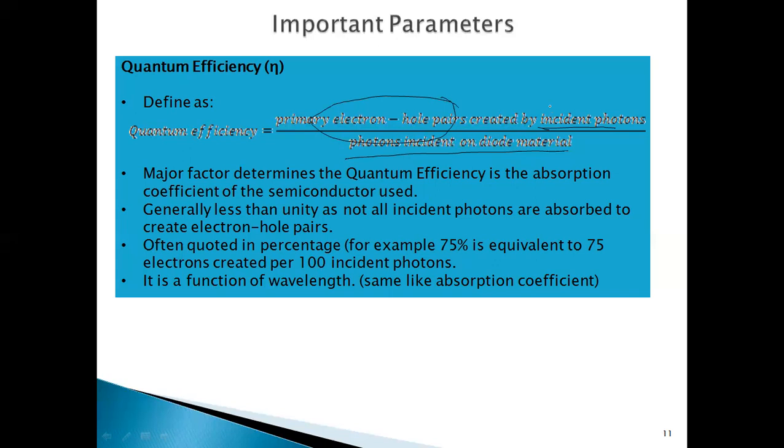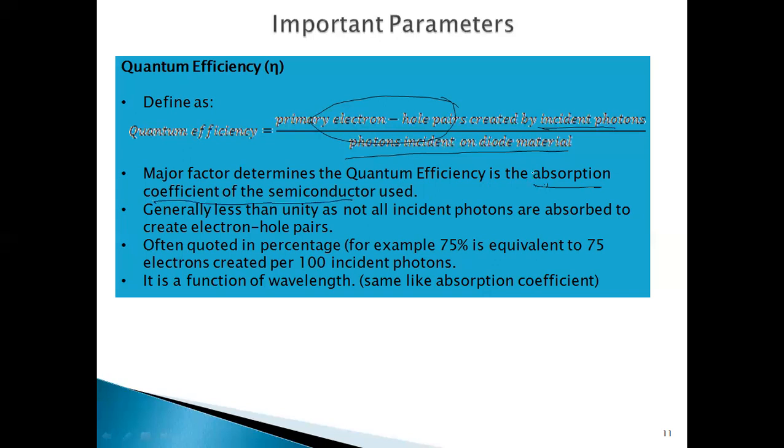To calculate the quantum efficiency of this photodiode, this is the formulation that shall be used, in which we need to know the amount of carrier pairs created by the incident photons divided by the number of photons incident on the diode material. Based on this equation, the major factor that determines the quantum efficiency will be the absorption coefficient of the semiconductor used.